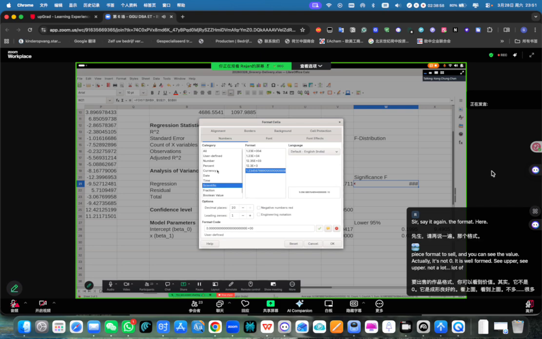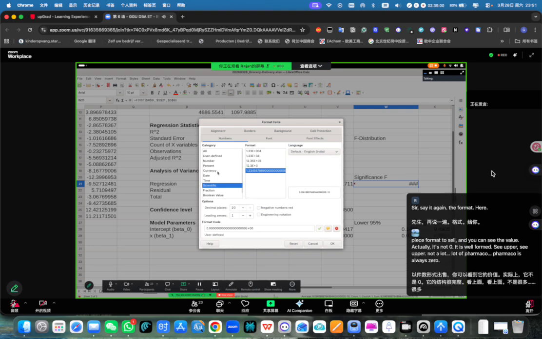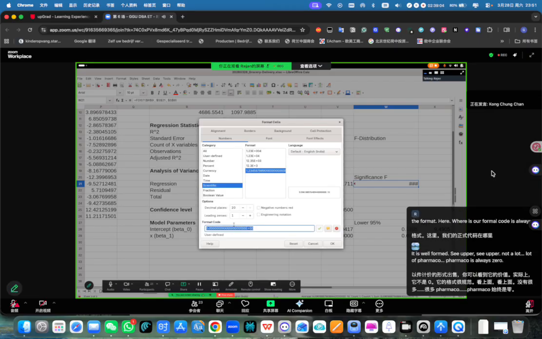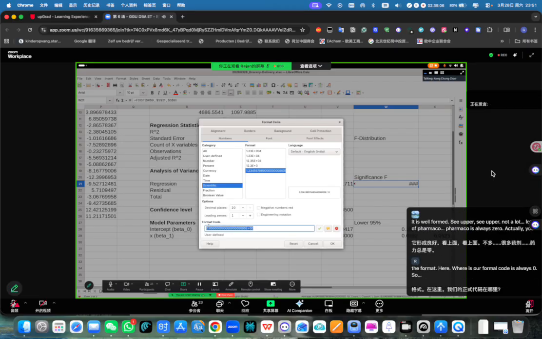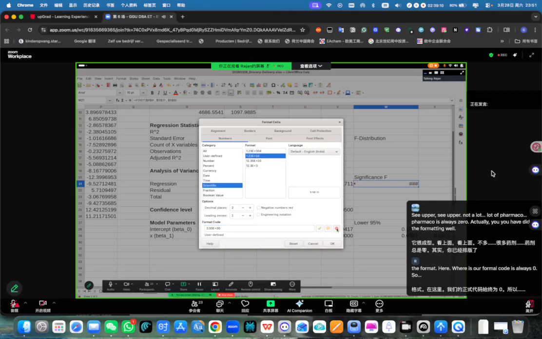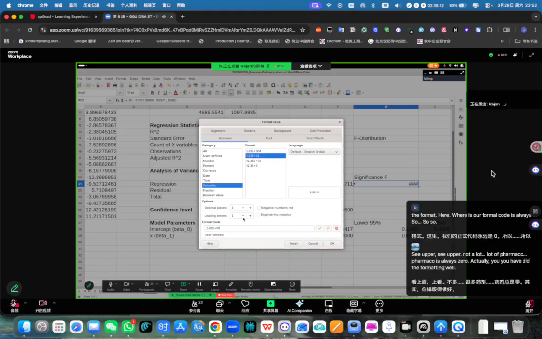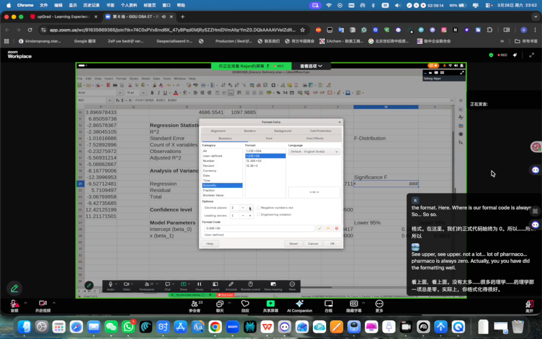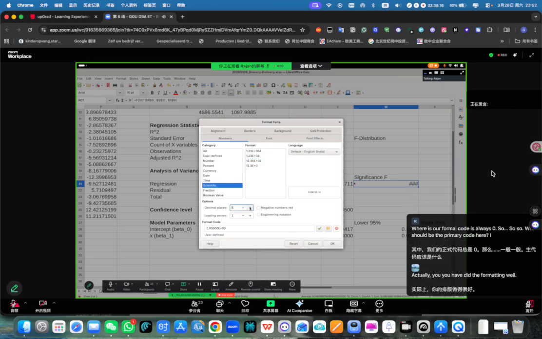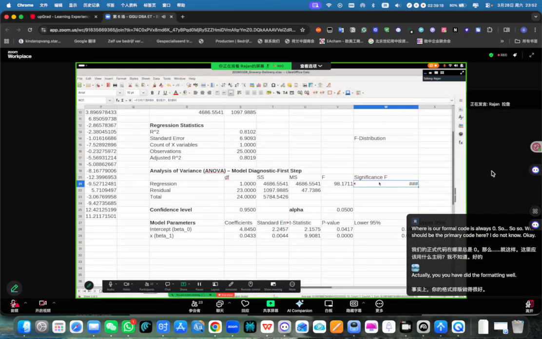Format code is always zero. So actually you have done the formatting well. So what should be the format code here? I do not know.